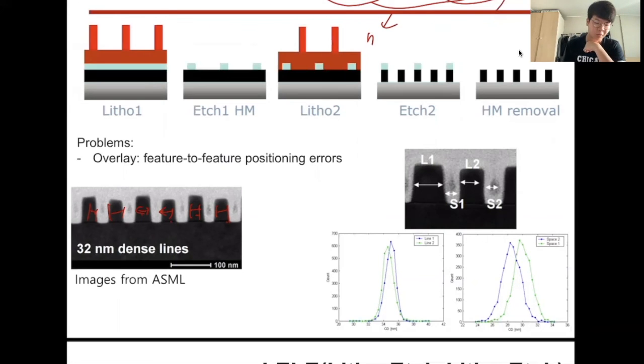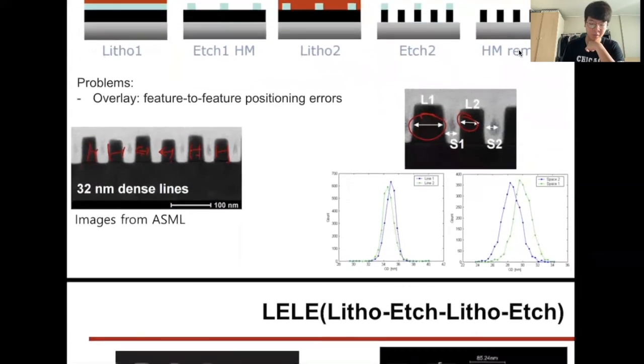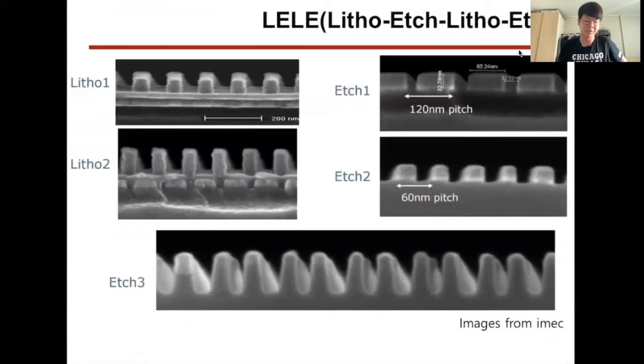So this difference of length between the fins makes very high capacitance, which can affect device performance. And there is another problem: if the fins are bent, it causes more capacitance, so it affects the device performance.